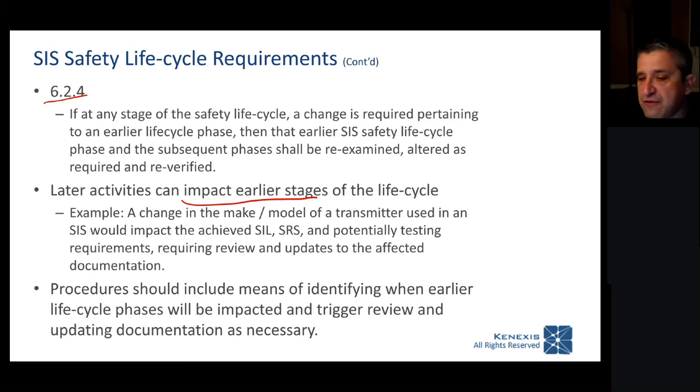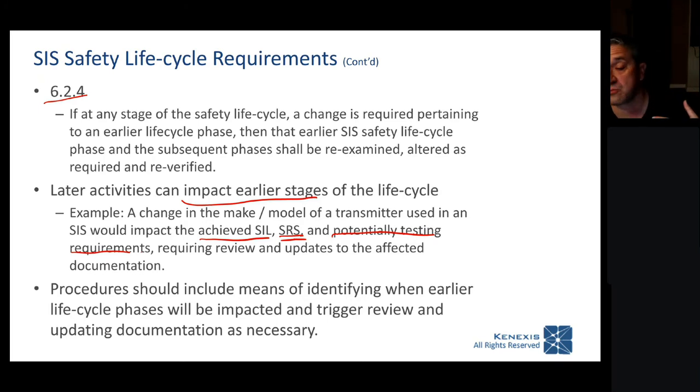So for example, if you change the type of transmitter you're using in a safety function, that is going to impact the achieved SIL, so you need to redo SIL verification. It's going to impact your safety requirement specification, so you need to redo that. It's going to potentially impact your testing requirements.